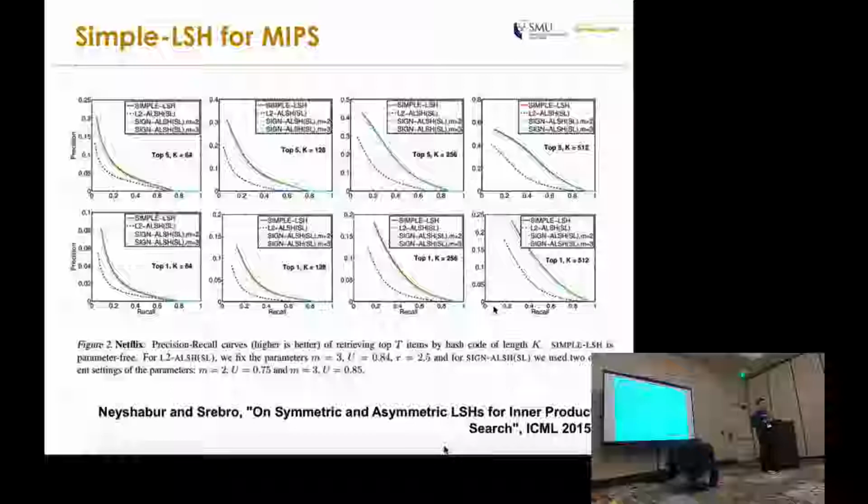So later in the hands-on session, we're going to do some experiments with this simple LSH. Basically we only need to transform the user vectors and item vectors into one more higher dimension space. And based on that transformation, we can achieve fast retrieval and also guarantee accurate recommendation results.